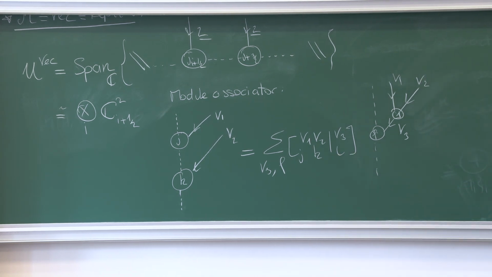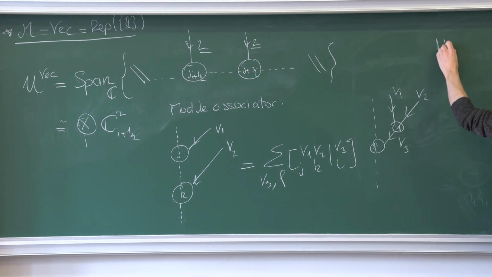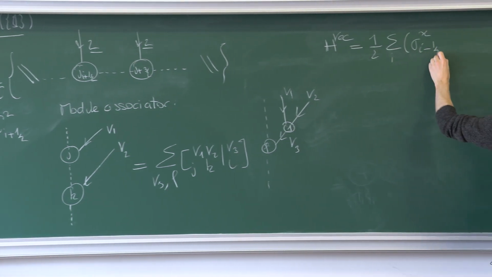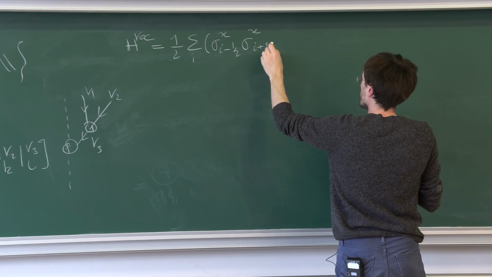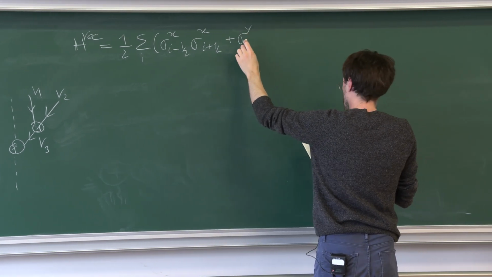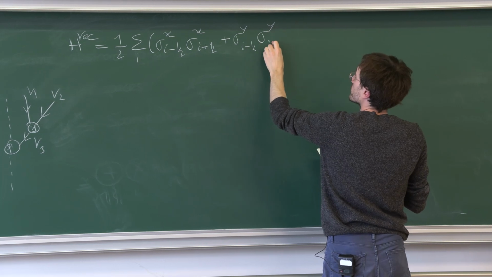And if you just look at the values of these coefficients, you find that the Hamiltonian, which I'm going to write H-vec for the choice of module, is a hopefully familiar Hamiltonian. So it's just the XXZ Heisenberg model.